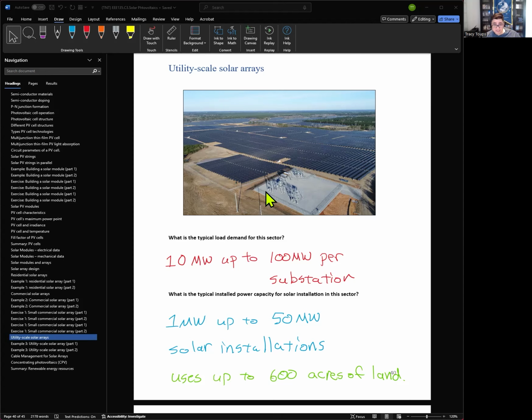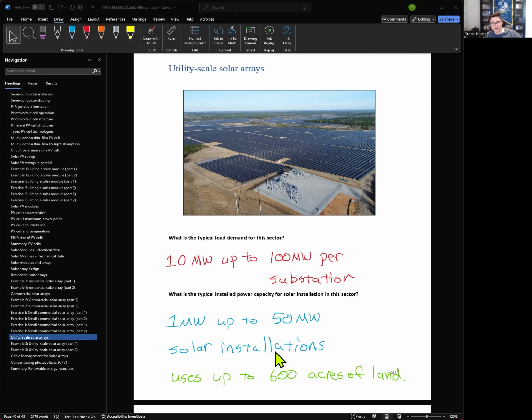You have to build a mini substation next to a solar array. There's a lot of capital costs involved in building a utility scale solar plant. You want to make sure you get your money's worth. It has to be at least 1 megawatt, in my opinion. Right? Typically go up to about 50 megawatts. Anything above that, again, it's going to be too big. You're better off just building 2 separate sites.